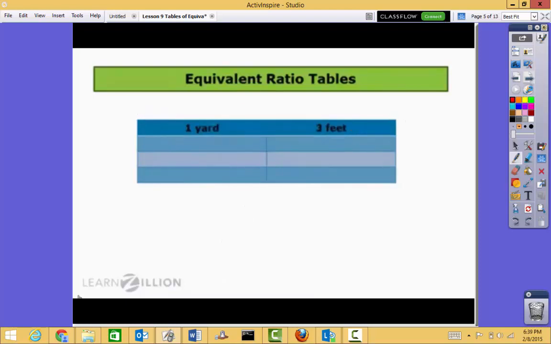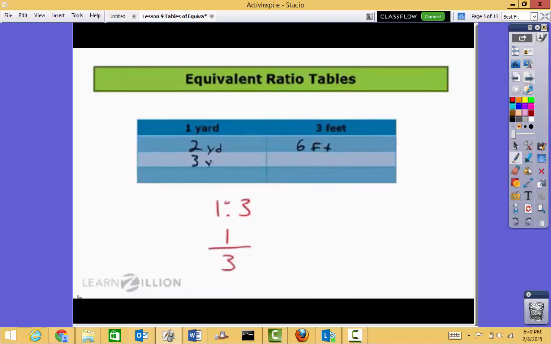Let's go over our final example. For every 1 yard, there are 3 feet. So let's understand this ratio. I can write it as a 1 to 3 relationship, or I could write it as 1 over 3. Now let's fill out this ratio table. If I have 2 yards, how many feet will I have? I'll have 6 feet.